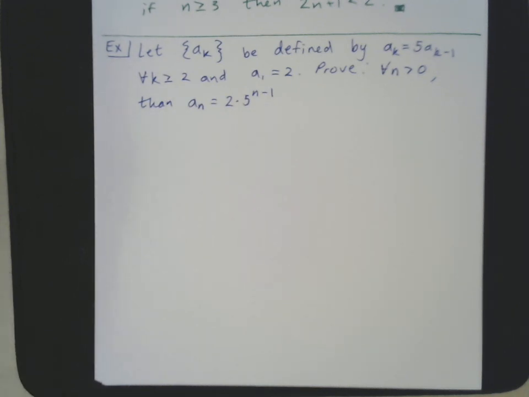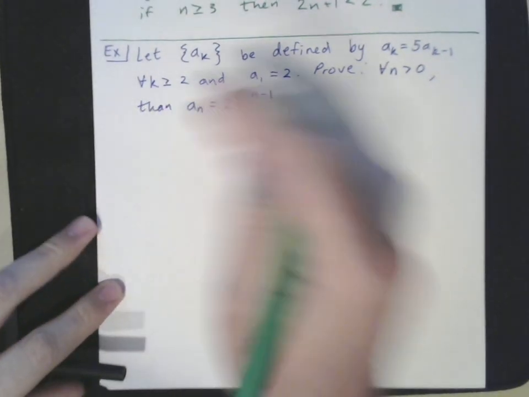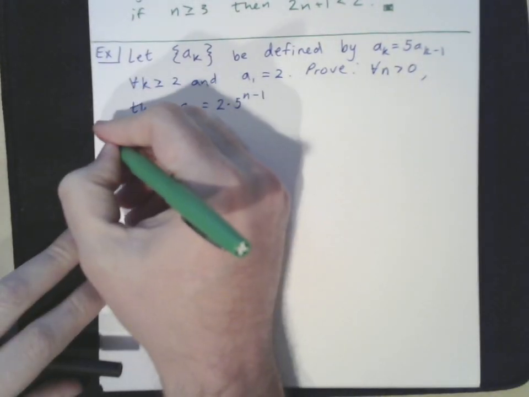We'll start our proof like we always do, identifying what our P of n is.